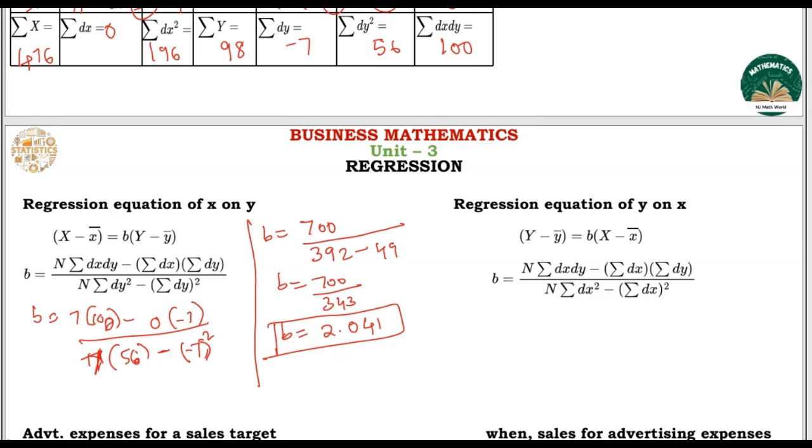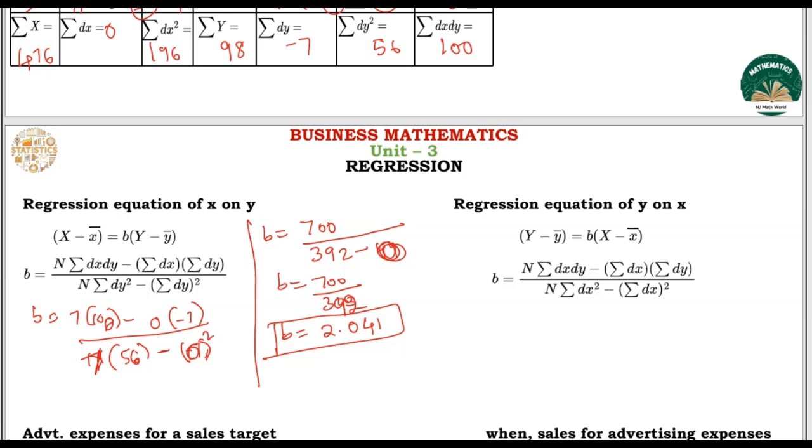Now if you substitute that, dy whole square is 0 square, so it is 0. So it will become 392 itself.